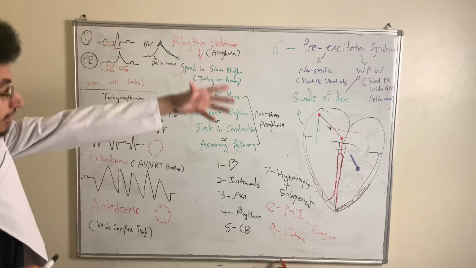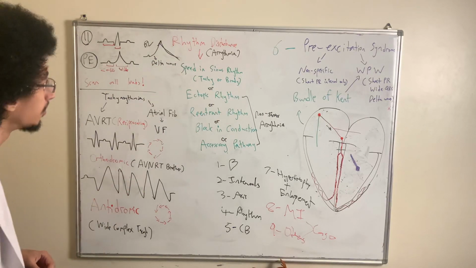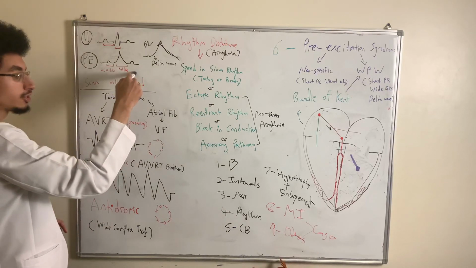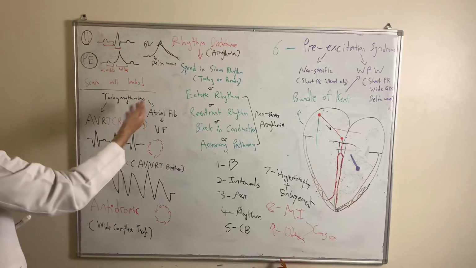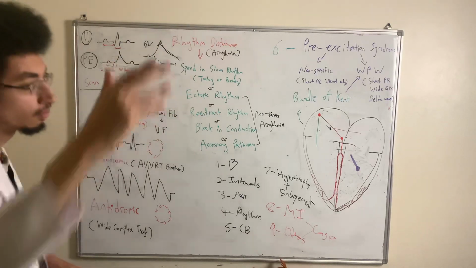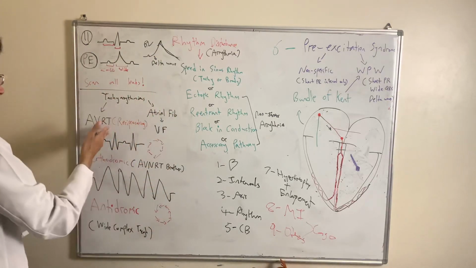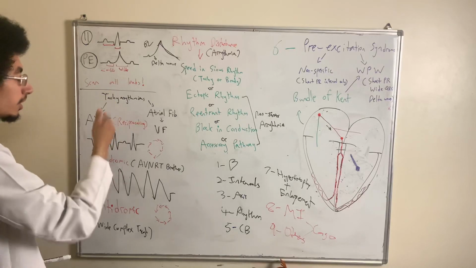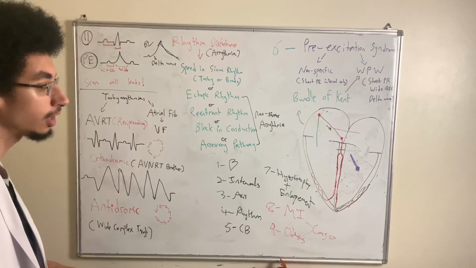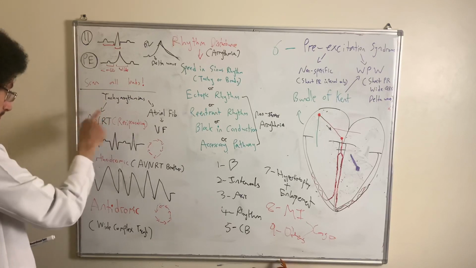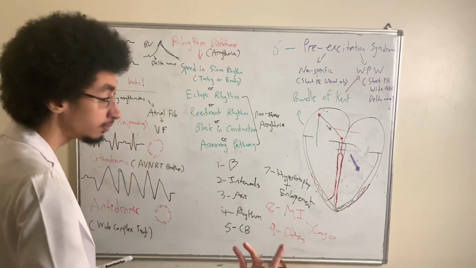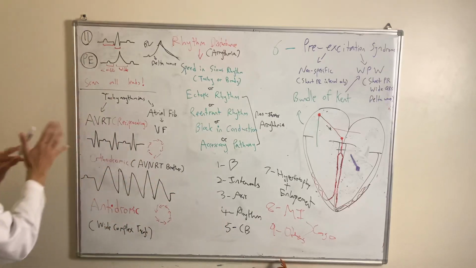Now let's talk about the issue of Wolff-Parkinson-White syndrome. You might find Wolff-Parkinson-White syndrome along with a tachyarrhythmia. So they call it, for example, atrial fibrillation with WPW, AVRT or supraventricular tachycardia with WPW, meaning this tachyarrhythmia, supraventricular, both of these, they come from the WPW rather than on their own.